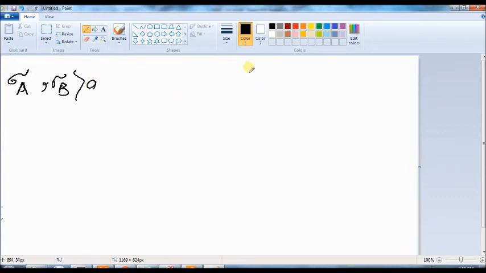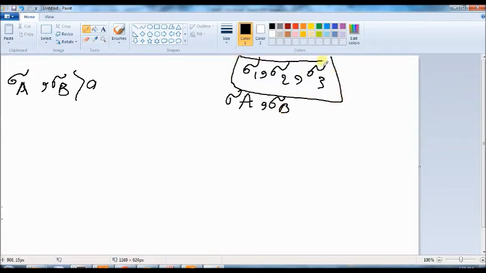Normally, if we have three principal stresses, we use sigma 1, sigma 2, and sigma 3 to show them. If we have only two principal stresses, we use sigma A and sigma B. That means when we have sigma A and sigma B, the other principal stress is 0. So in case 1, we have two positive principal stresses.